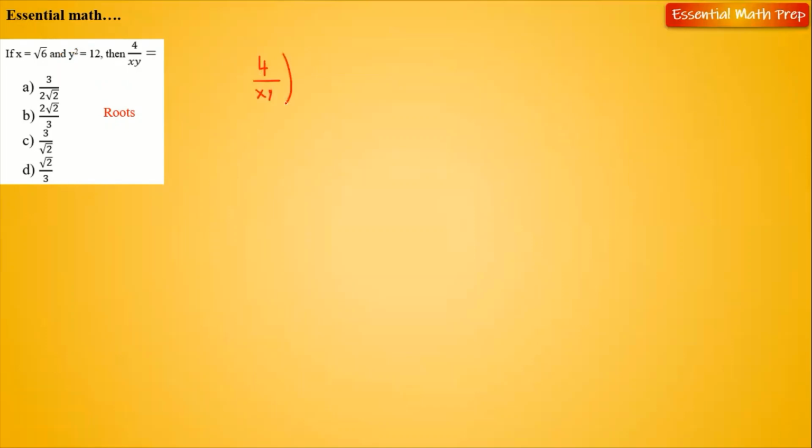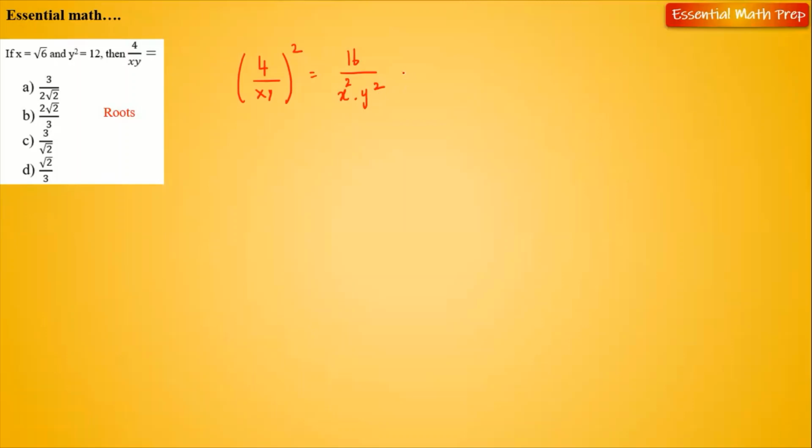I instead squared this term 4 over xy, which resulted in 16 over x squared times y squared. Okay, what this does is it removes the square root on the x term and lets me keep the y as it is without taking the square root of it. It's just a win-win all the way.